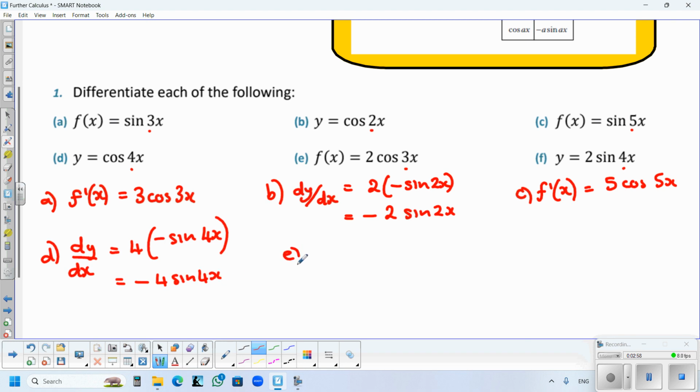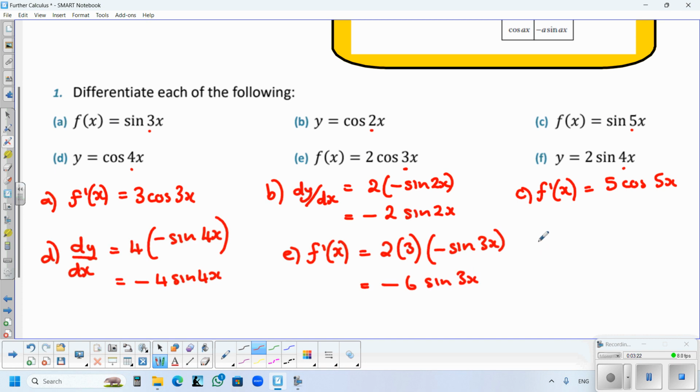Next one, part E, we've already got a 2 there, so that 2 stays, so just write it down, and then we've got a 3 in front of the angle, so it's 2 times 3, and the derivative of cos has got to be minus sine, and the angle is 3x. So that gives me an answer of minus 6 sine 3x.